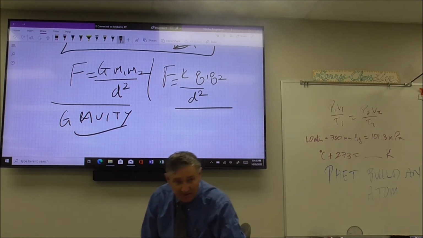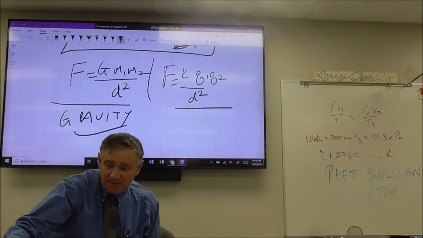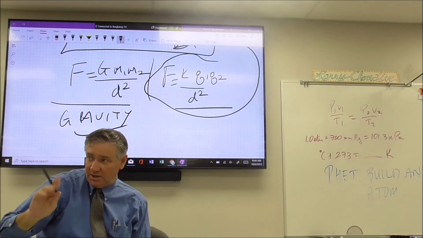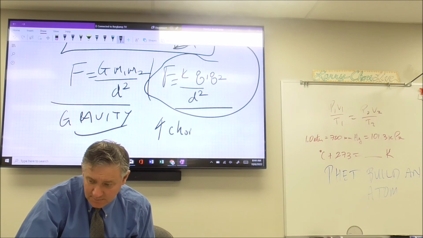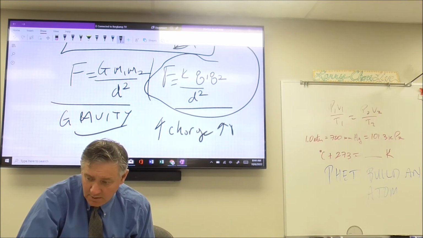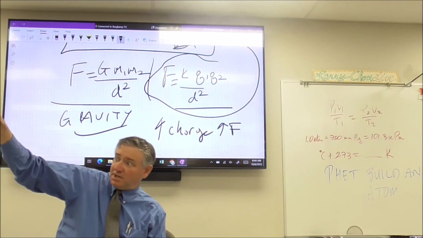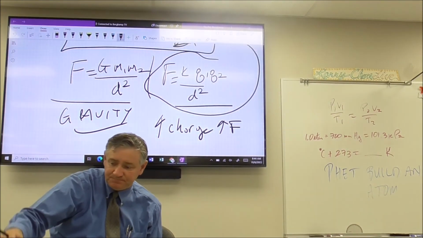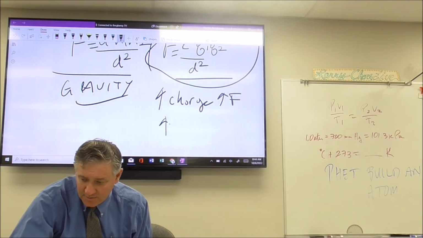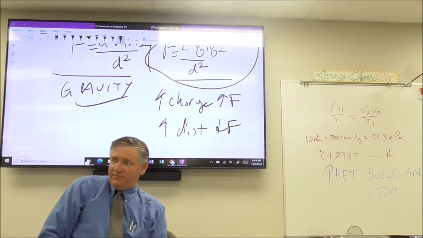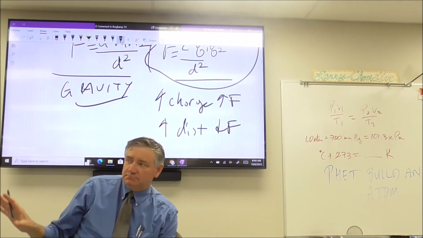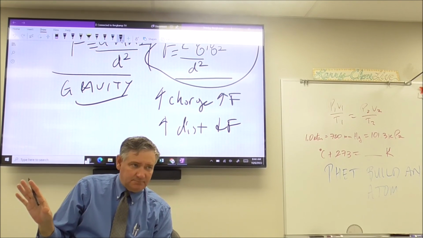So if you increase the charge, you increase the force, because you're multiplying by a bigger number on top. If you increase the distance, you decrease the force. That's all I want you to see for now.